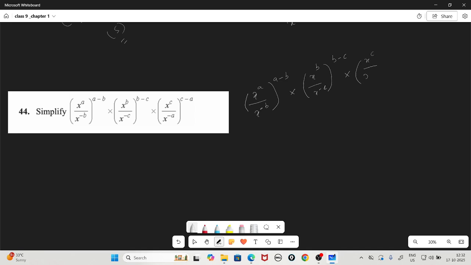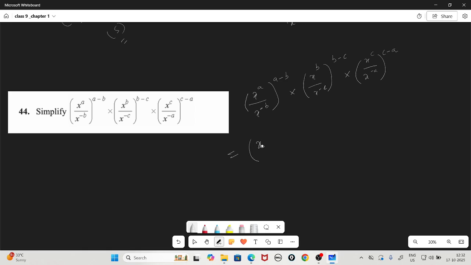You have to simply follow the rules which apply in exponents and powers. So look, in all the cases the base x is the same, so our problem is a little bit easier here. x to the power a divided by x to the power minus b. When we have division, what is happening? We have to subtract the powers, right? In case of multiplication, we add the powers.